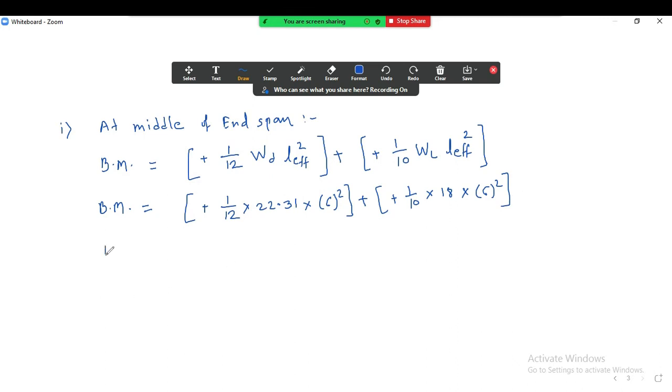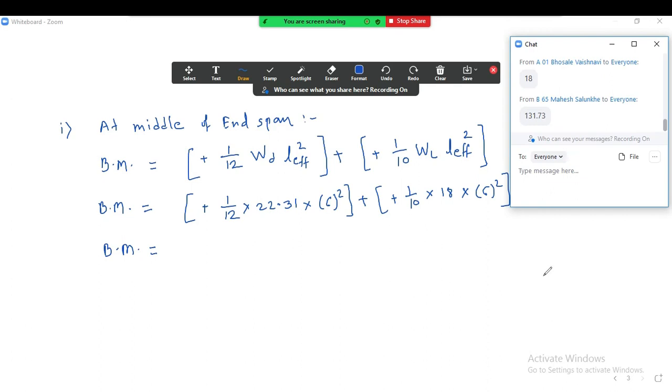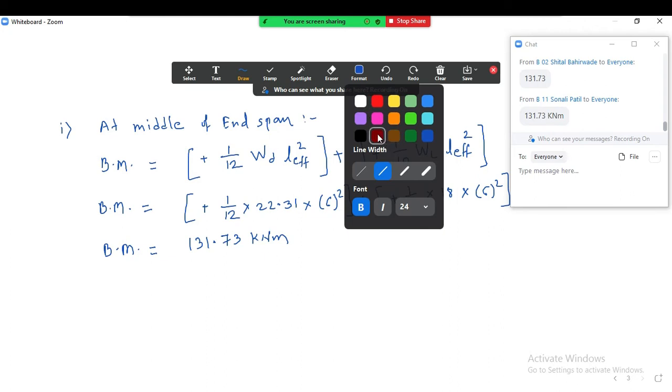Now calculate this and let me know the value of bending moment. 131.73. Okay, so this value is 131.73 kilonewton meter.